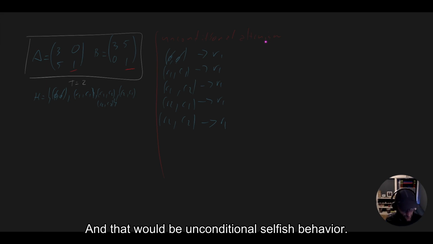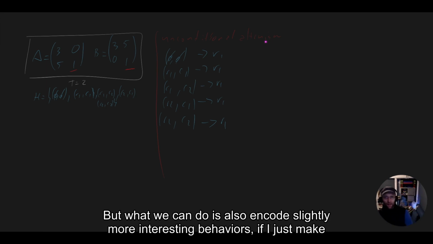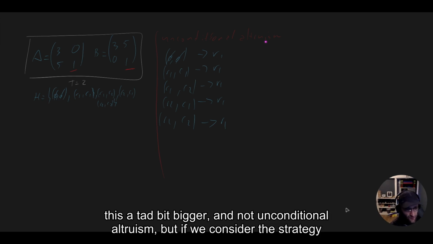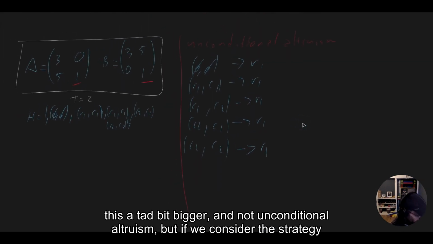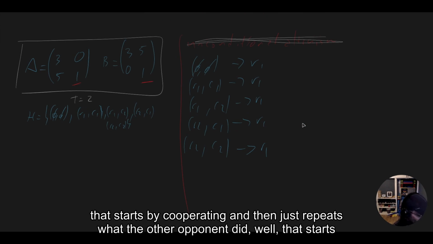Okay, but what we can do is also encode slightly more interesting behaviors. Not unconditional altruism, but if we consider the strategy that starts by cooperating and then just repeats what the other opponent did. Well, that starts by cooperating.